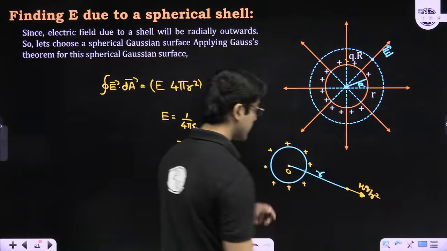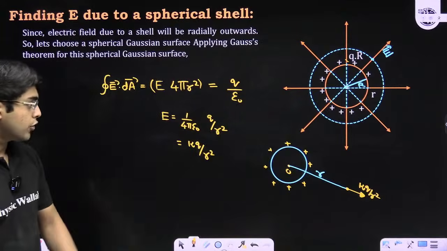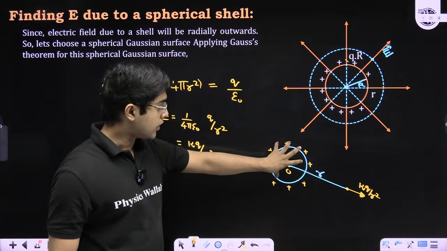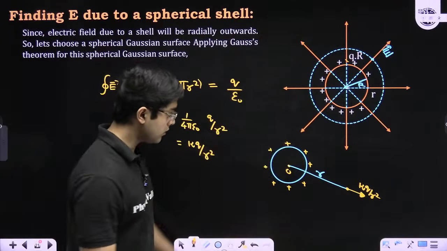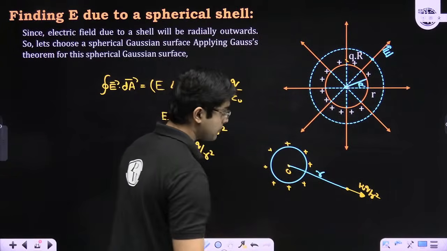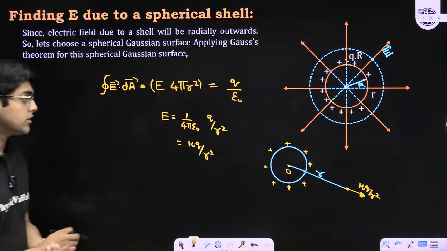So you can also think of it like you can replace this sphere with a point charge at the center. That way also you can imagine it.